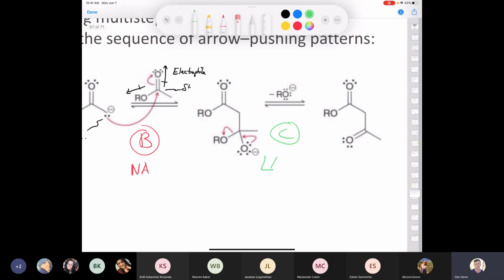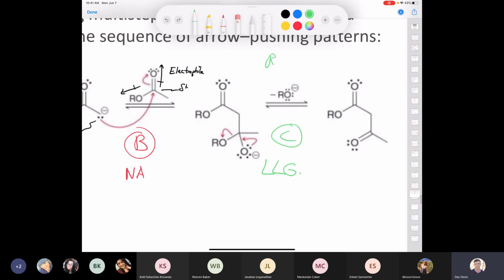This is a loss of leaving group. I just want to address one quick thing. If somebody's really quick, and I know you're all very good students, you might say, hold on, Mr. Dion, loss of an alkoxide, the conjugate acid of an alkoxide is an alcohol. That's not a strong acid. How can that be a leaving group? The answer is it depends on the situation.